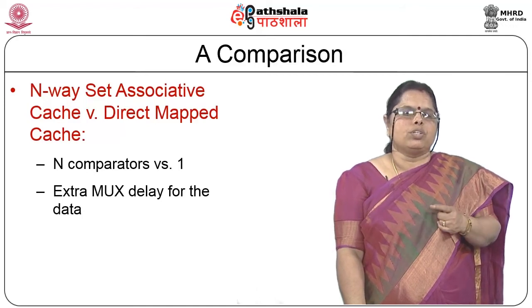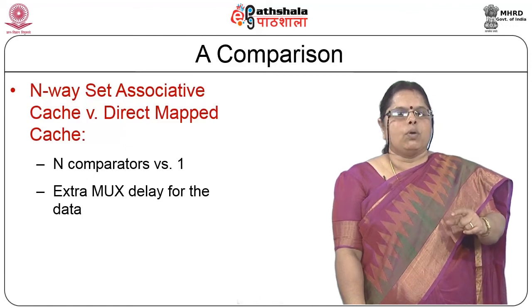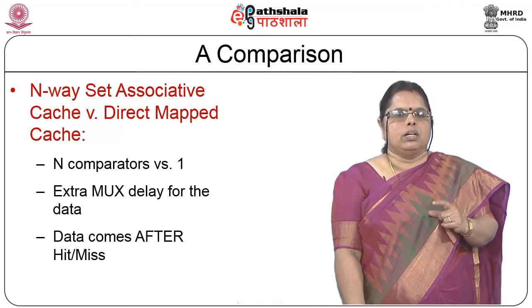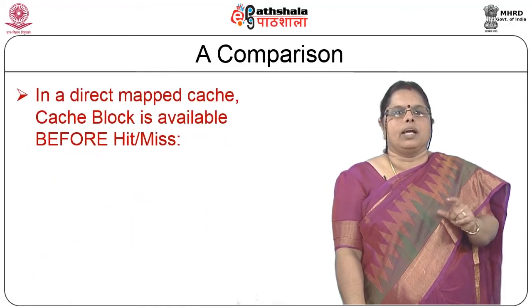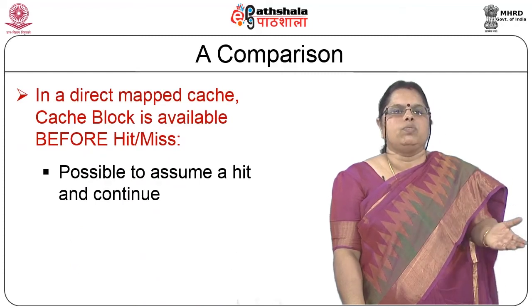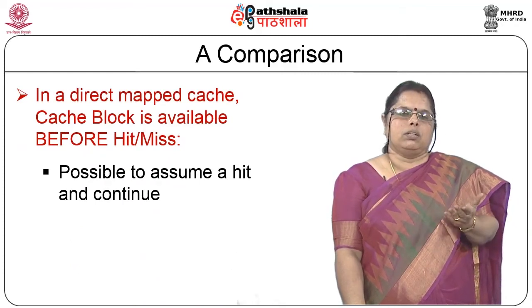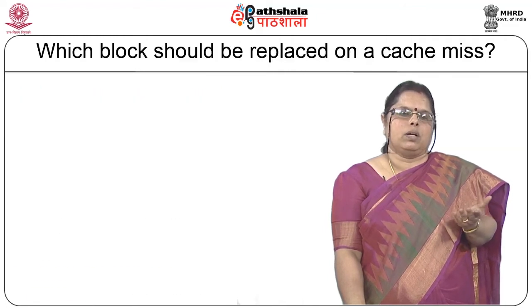And a set associative mapping will also require the extra multiplexer delay, which is required for choosing one of the tag fields. And the data obviously can come only after the tag comparison happens. Whereas, in the case of direct mapped caches, you can transfer the data even before the tag comparison happens. If there is a problem, you can always recover that.